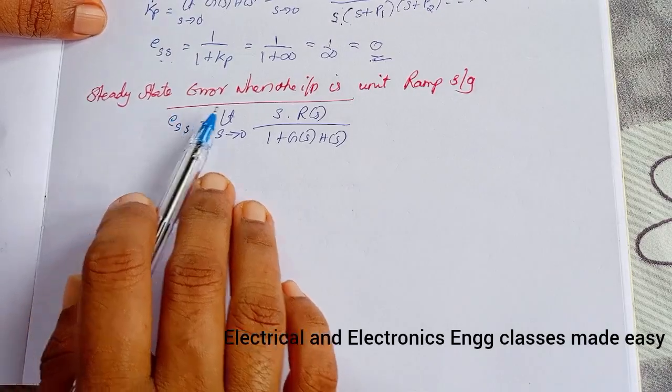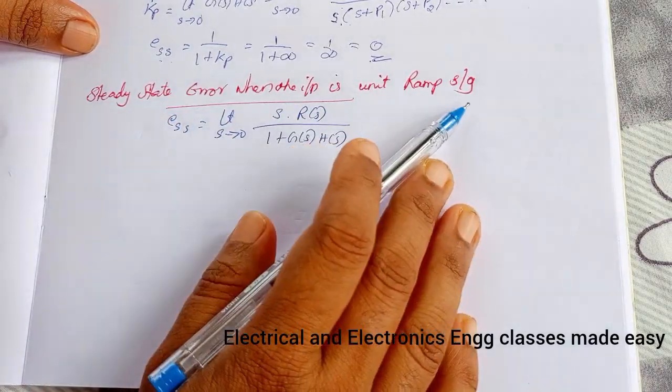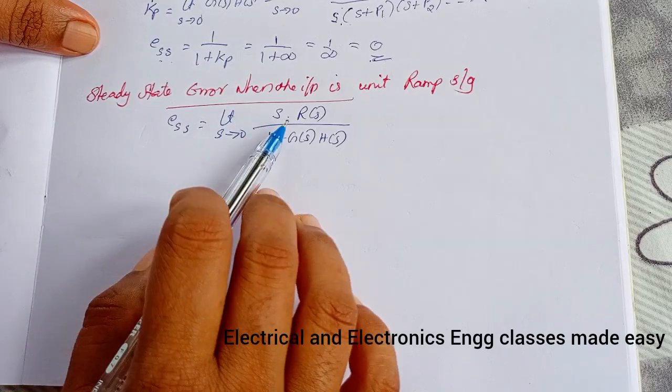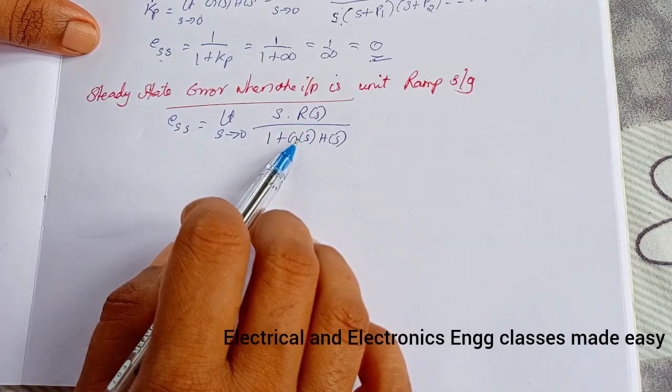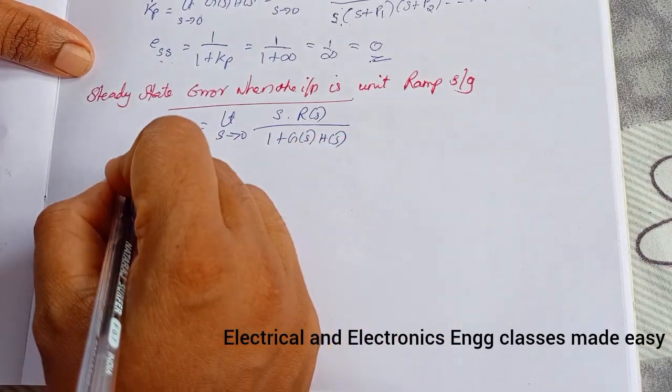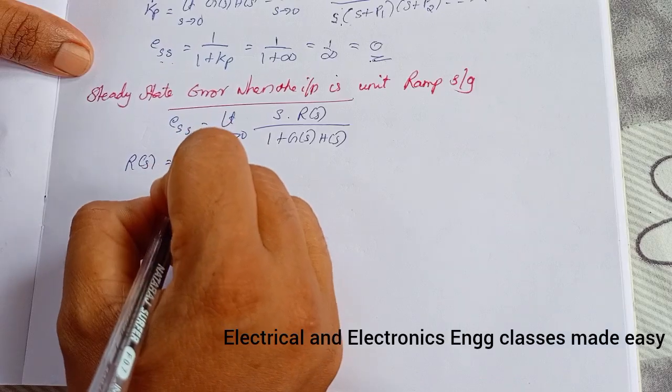Next is the steady state error when the input is a unit ramp signal. So steady state error ESS is limit s tends to 0, s into R of s divided by 1 plus G of s H of s. When the input is a unit ramp signal, R of s is equal to 1 divided by s square.